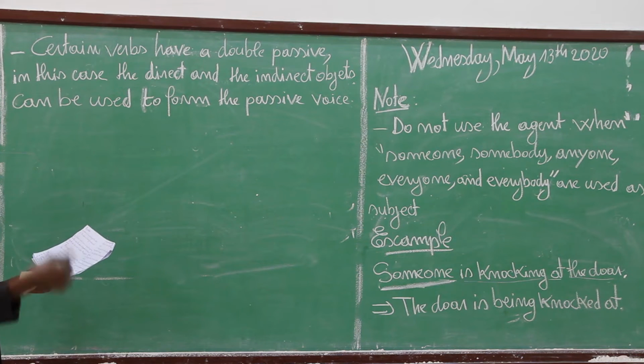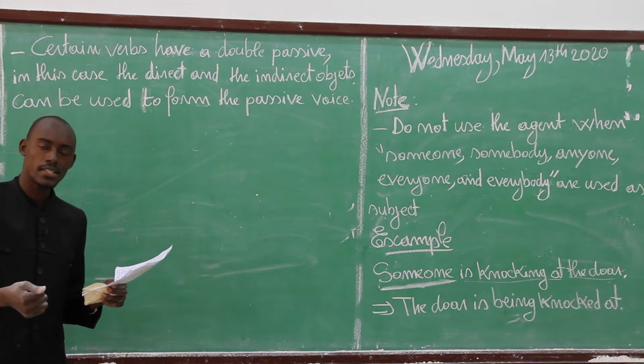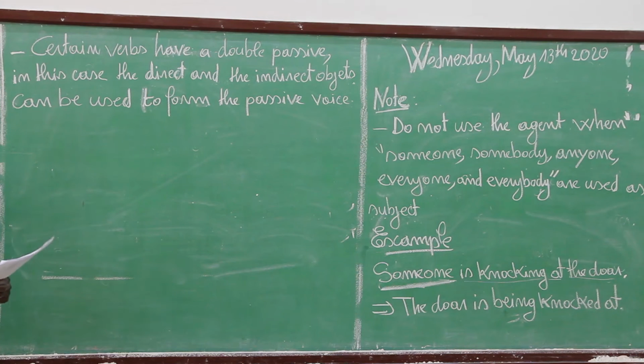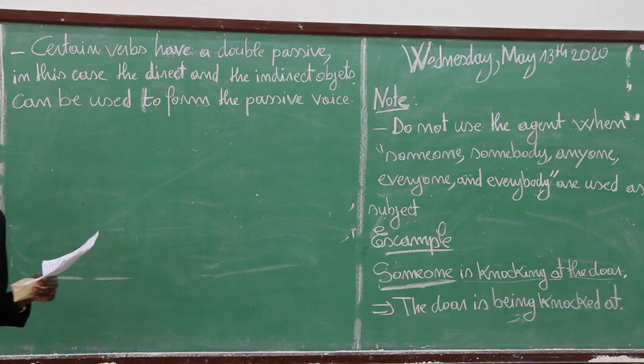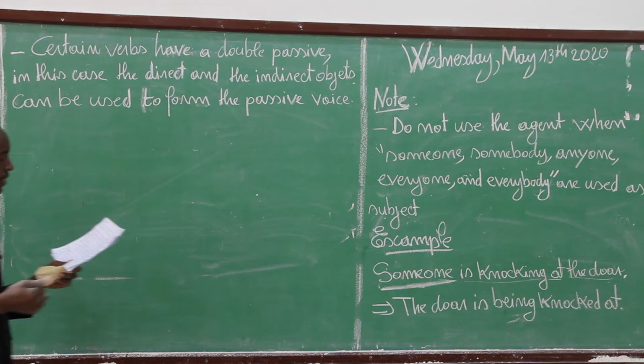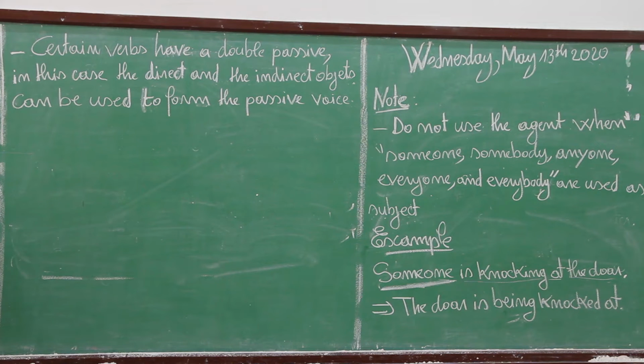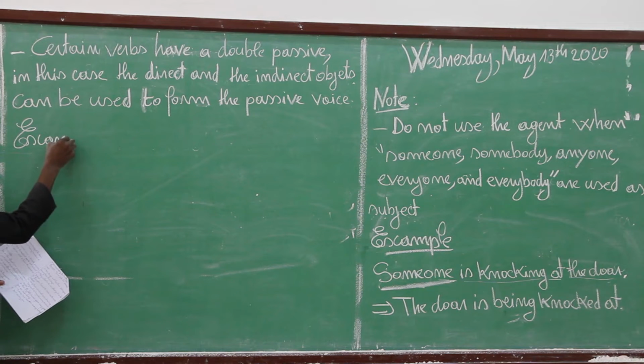We can have direct objects, we can have indirect objects. And these objects are or can be used in a passive voice. Let's take one example. We can also take two.